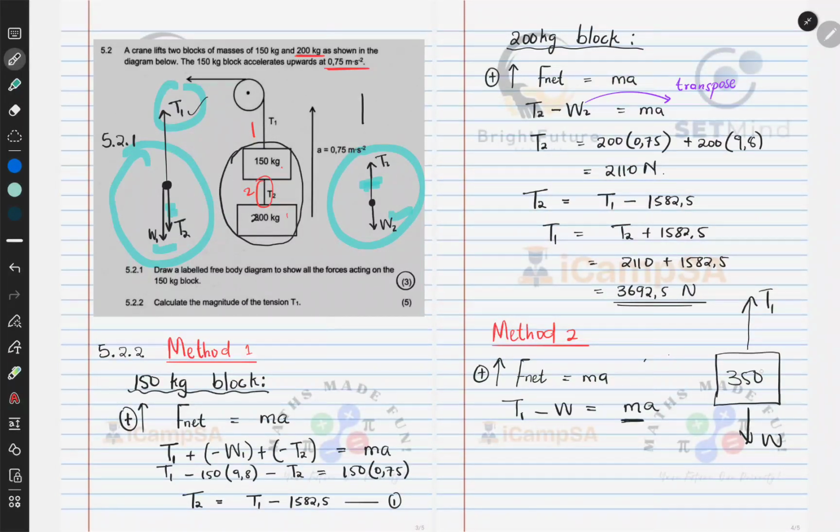Remember, M is now the combination of both blocks, which is 350, so you must show it here. You don't just come and say 350. You must add it here. So you'll have T1 minus 150 plus 200. Remember, the weight is the overall weight of these two blocks times 9.8.